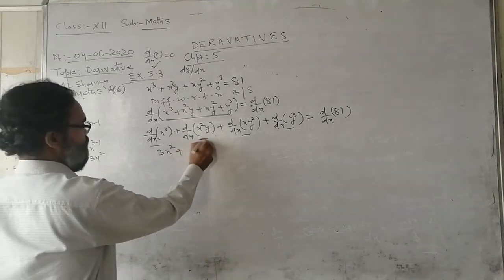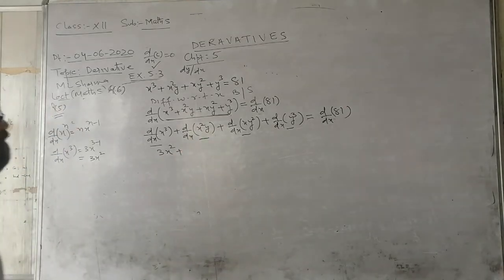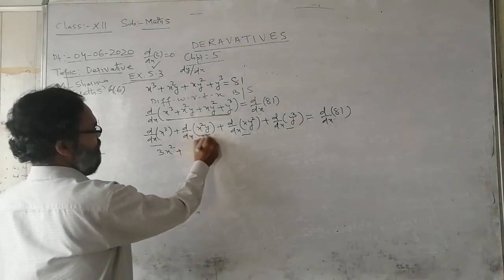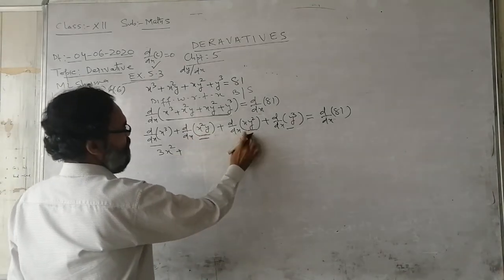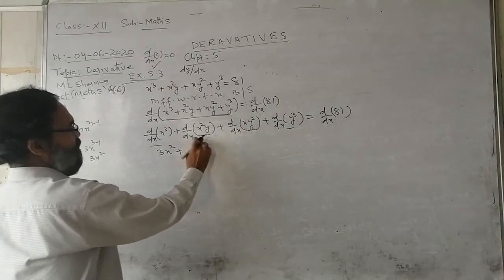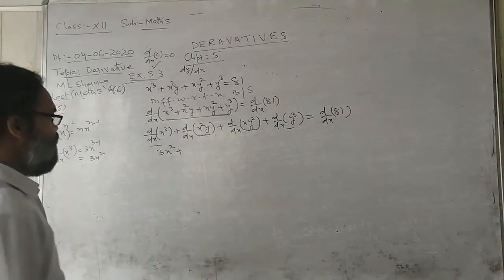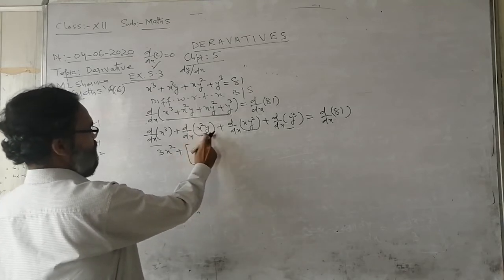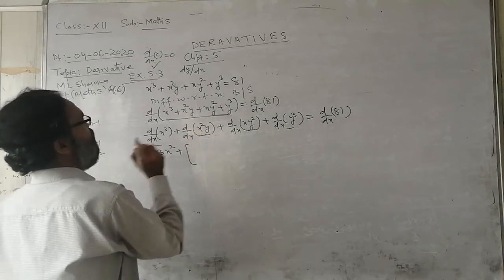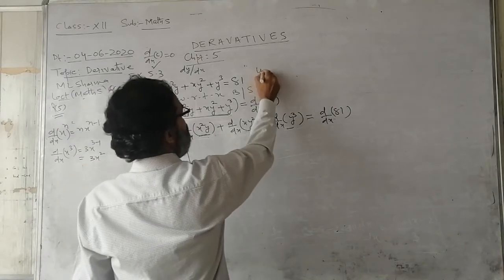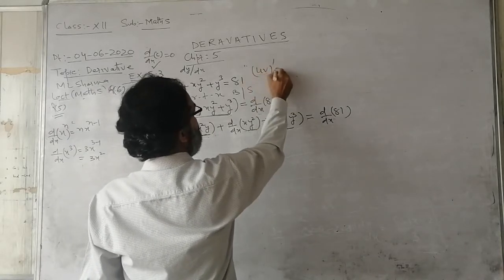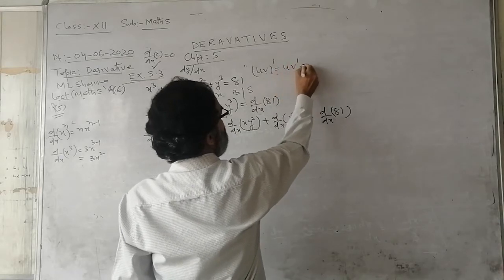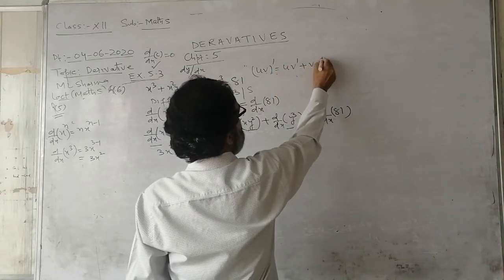Now here there are two variables, one is x, one is y. So product rule will be applied here and product rule of derivative will be applied in both the cases. So I can write, this is first, this is second. So again the same formula, uv derivative: u into v dash plus v into u dash.